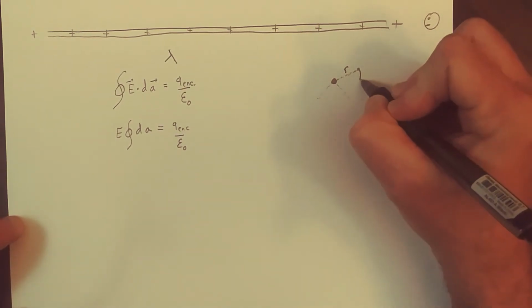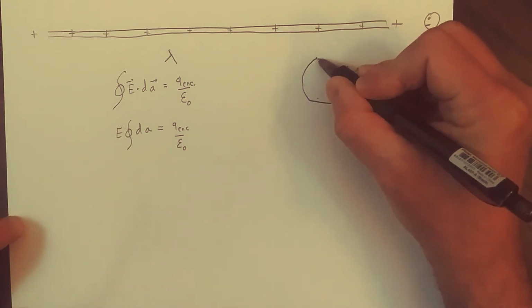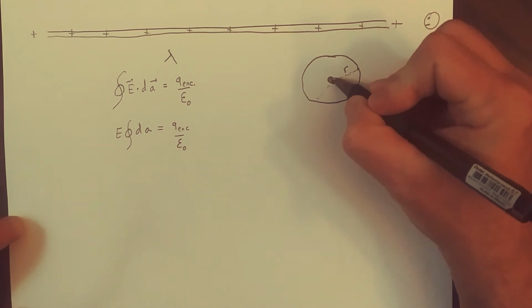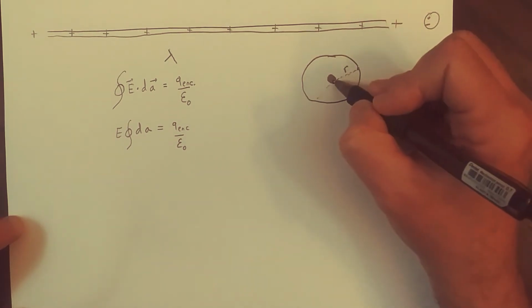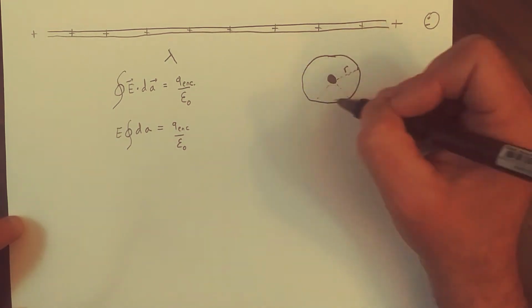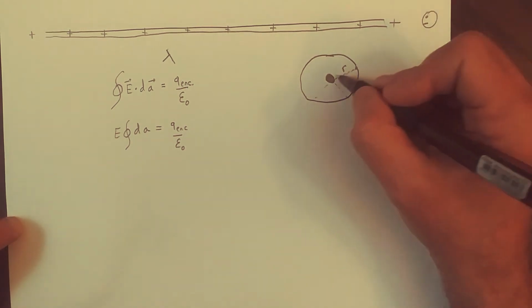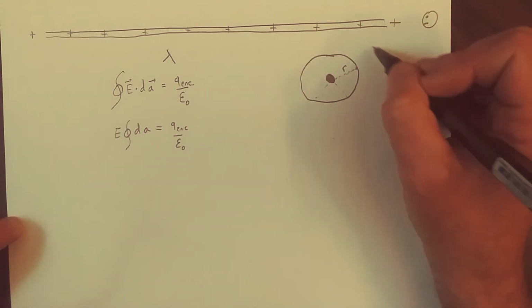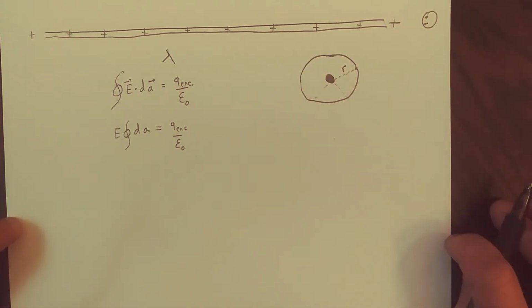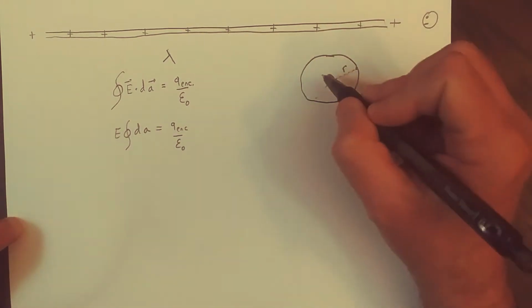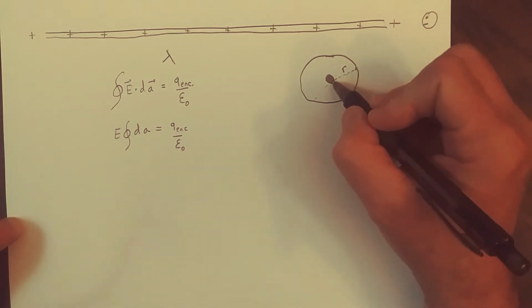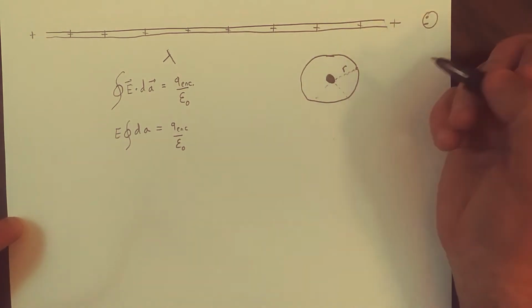So if the infinite line is the center, the drawing isn't great here, but the infinitely long line of charge goes through the center of this imaginary circle of radius r. Doesn't matter what that radius is, as long as this is at the center of any circle. On those circles, the electric field must have the same value everywhere. Of course, on different circles, the electric field can have different values, but once we pick a circle of radius r, then the electric field there has the same value.